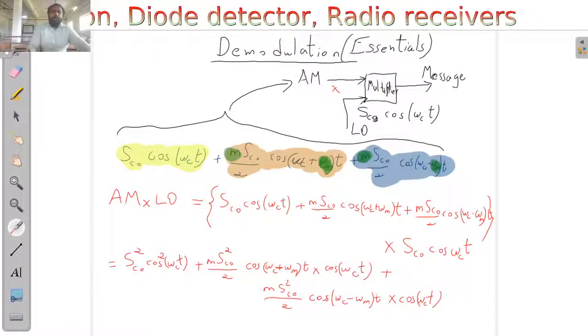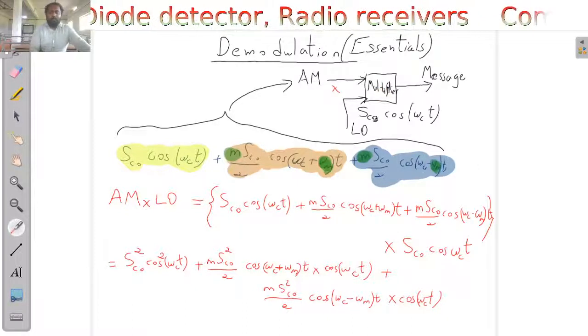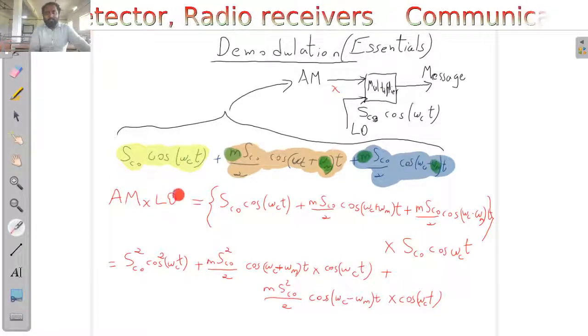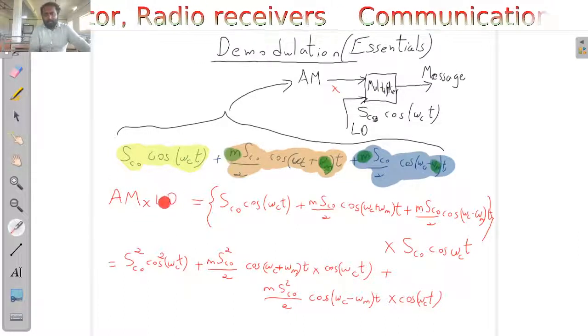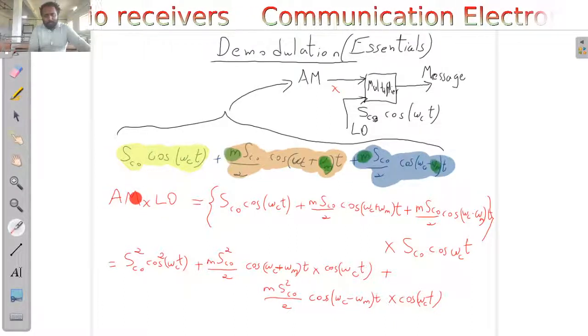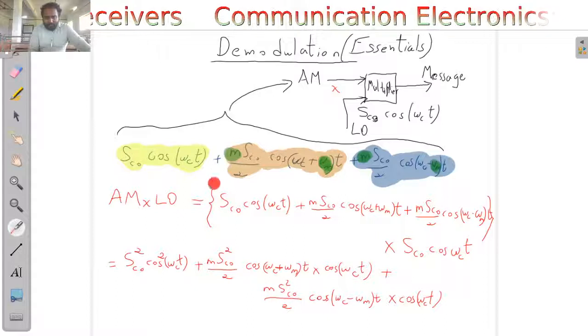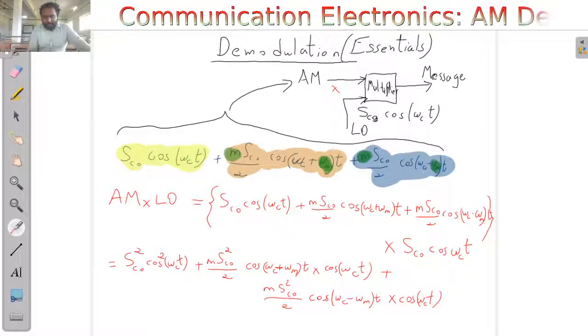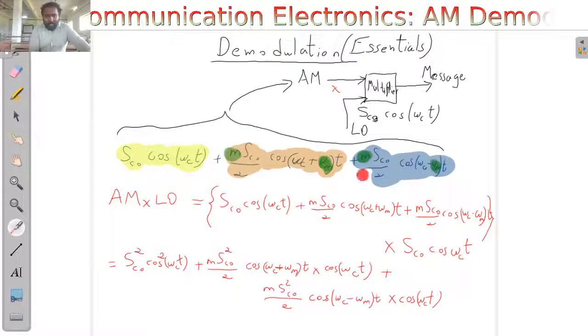Okay. So let us see what the process of demodulation is. Demodulation is actually another kind of frequency translation, where you are multiplying the locally generated carrier frequency with the amplitude modulated signal. That is what is given here. The bracketed factor is our amplitude modulated signal.